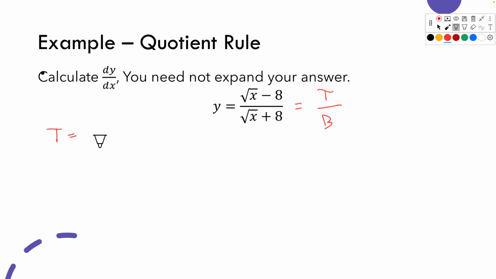My top function is going to be square root of x minus 8. So the derivative of the top, the derivative of the square root of x, hopefully you've done these enough times, you may remember that's going to end up being 1 over 2 times the square root of x.